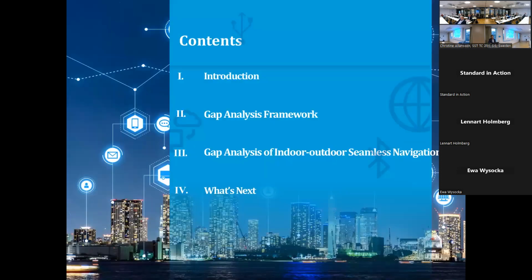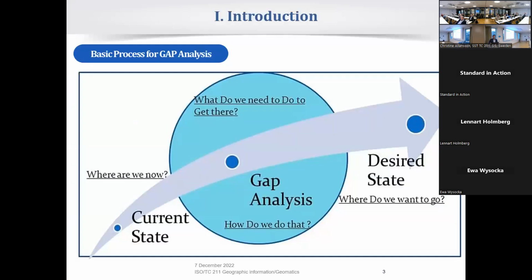I'll go through a brief introduction and then the gap analysis framework. Then I'll give you an example of gap analysis in the case of indoor-outdoor seamless navigation. So, what's next?